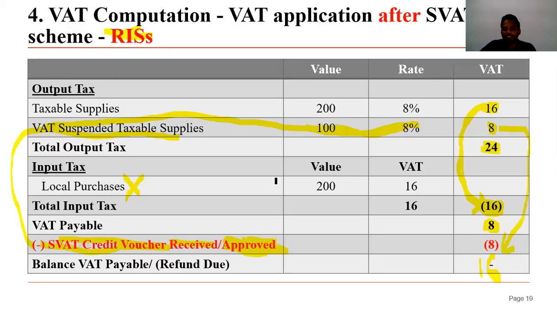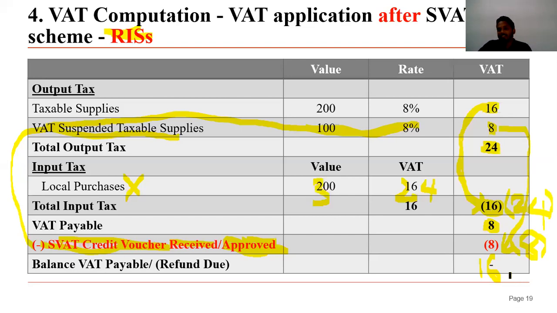In this case, I think you are referring to this. If you have 300, then the VAT is maybe 24 here, right? You can enter the 24 here. Then anyway, you have the credit voucher here. Then you can deduct this 8 million and the 24 million.